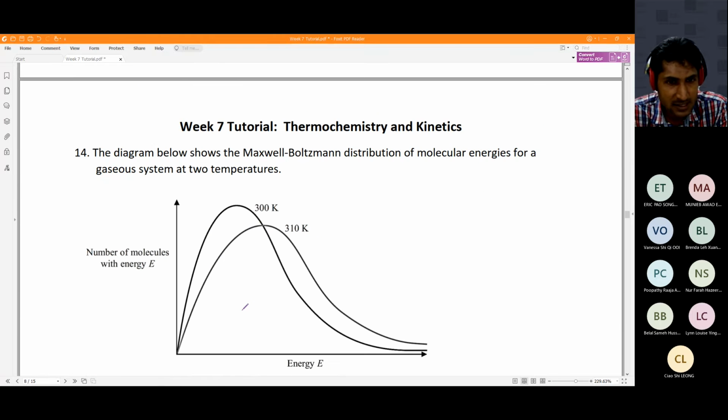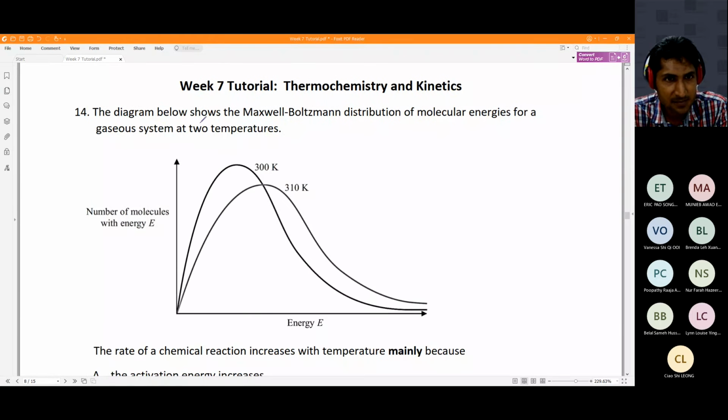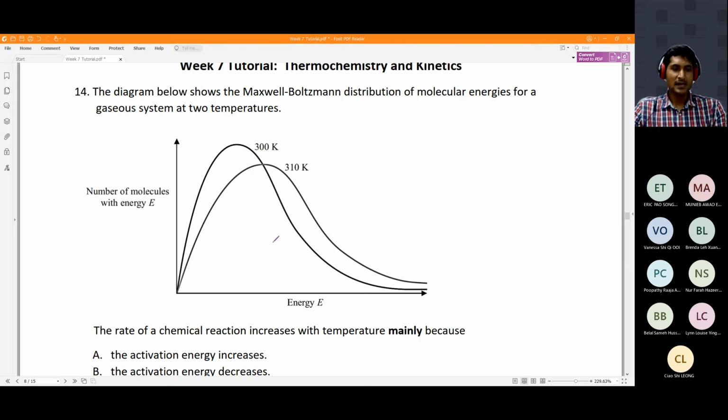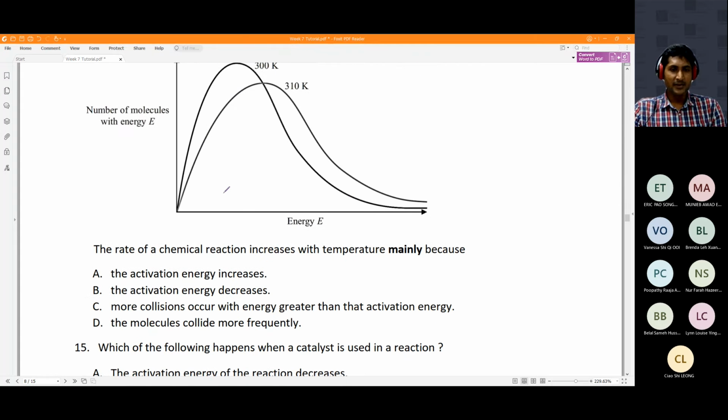Question number 14. The diagram below shows the Maxwell-Boltzmann distribution of molecular energies for a gaseous system at two temperatures. The rate of a chemical reaction increases with temperature mainly why? Because the activation energy increases.